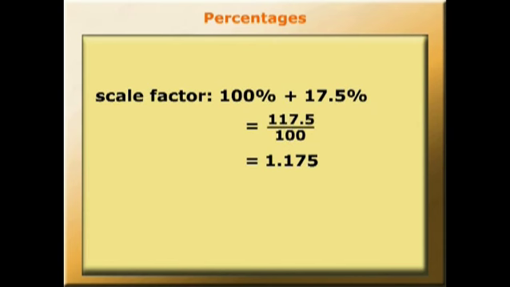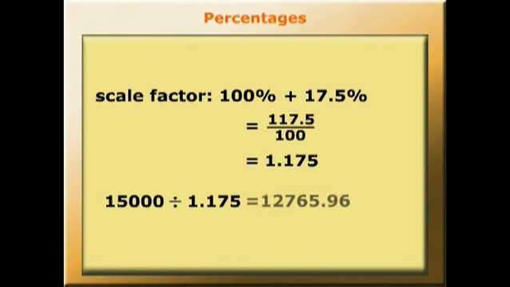This time we divide by the scale factor. 15,000 divided by 1.175 gives £12,765.96. Notice we couldn't do this by reducing £15,000 by 17.5%. We needed the scale factor.